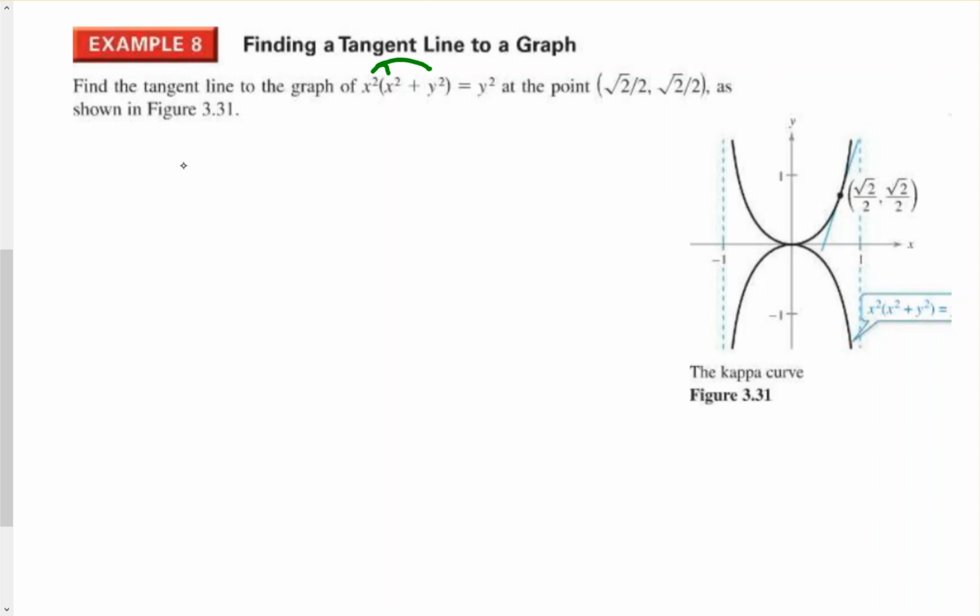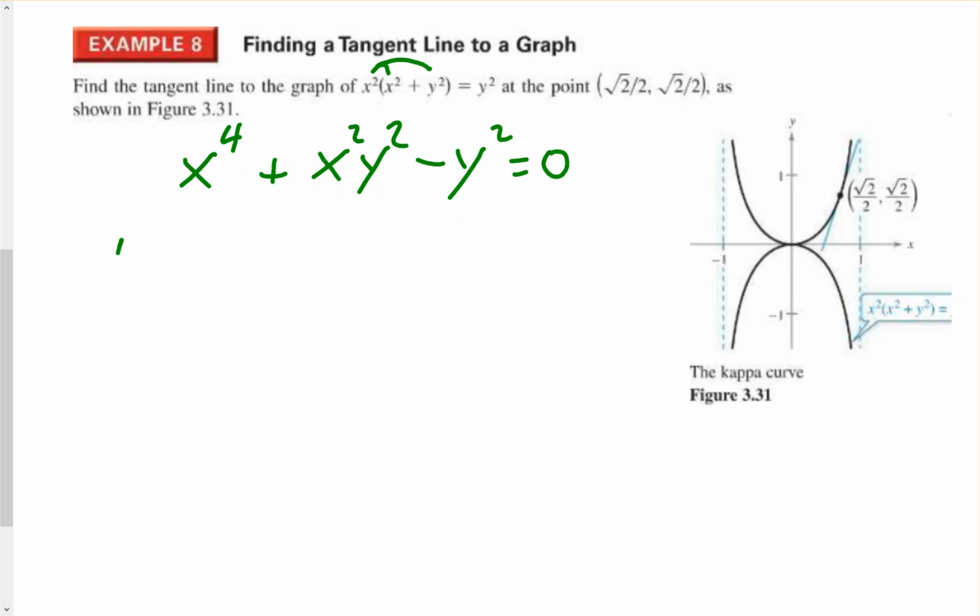So we have x squared times x squared is x to the fourth, plus x squared times y squared. And then let's bring the y squared to the left, so minus y squared equals 0.